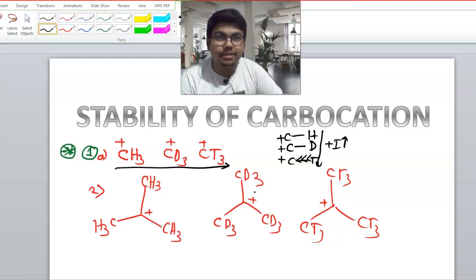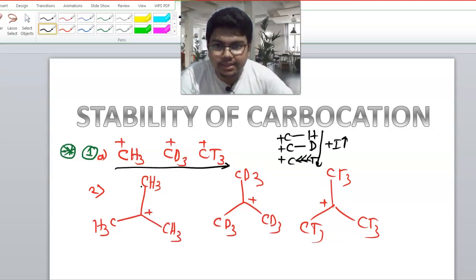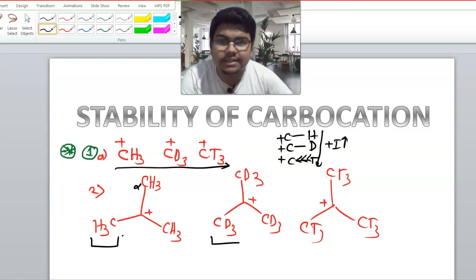Here the concept is a little different. Here the carbon is alpha carbon, and these all 3 hydrogens are alpha hydrogens. These all are alpha deuterium. These all are alpha tritium. If you compare the plus I effect, then obviously CD3 has higher plus I effect than CH3, and CT3 has higher plus I effect than CD3 and CH3.